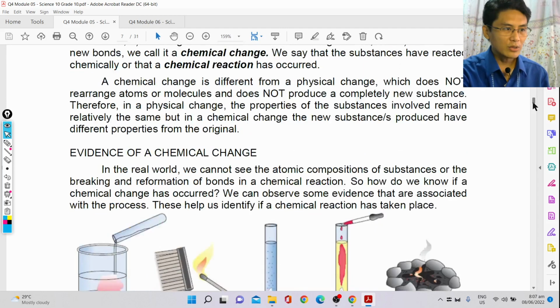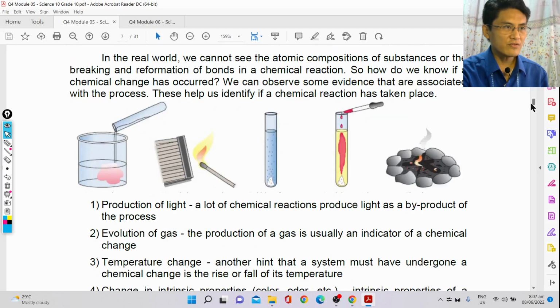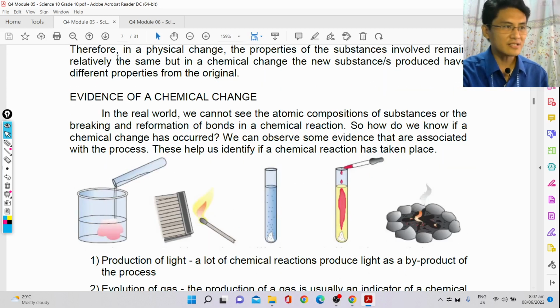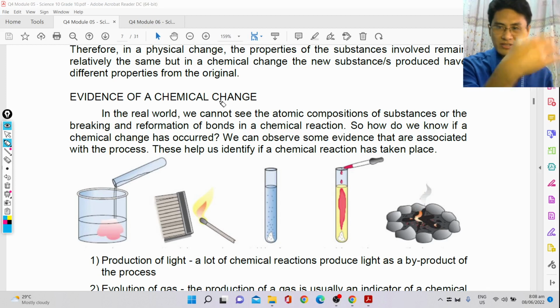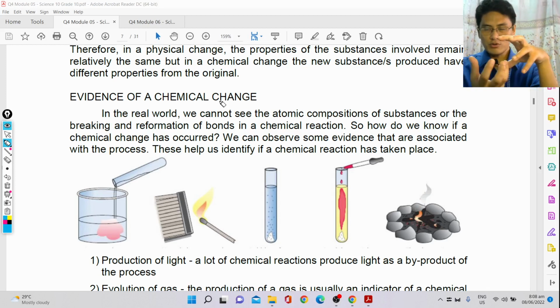And so, what we do is we look for evidences. These evidences are things that we can see in the real world, and they manifest what we have been talking about, which is the breaking of the bonds, the rearranging to new configurations, and then the formation of new bonds.